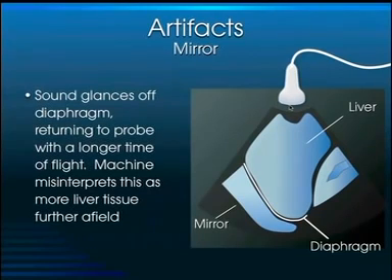And the machine misinterprets that information as there being further tissue afield. It does so because it took the sound longer to get back to the probe, and therefore it thinks there's something further down on the screen. And the material that it plots further down on the screen is the material that the sound was running through, which was liver.